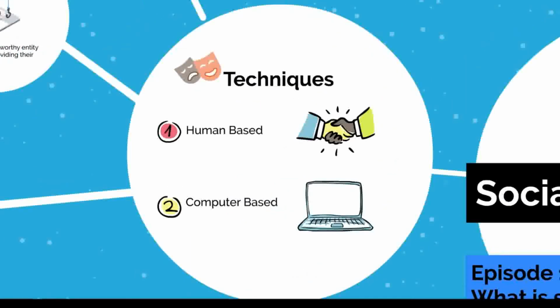So what are the techniques hackers could use? The techniques could be separated into two categories: human-based and computer-based. Human-based techniques don't include much computer technique such as programming and internet professions. It focuses more on human behaviors. It focuses on how people interact with others, and oftentimes this kind of technique relies on the trust among people.